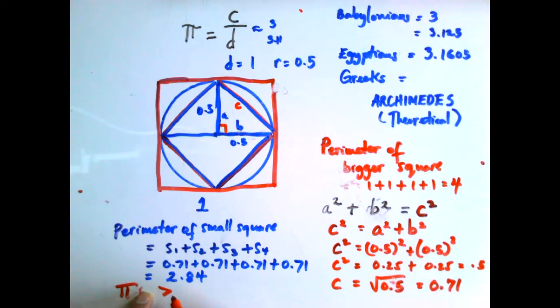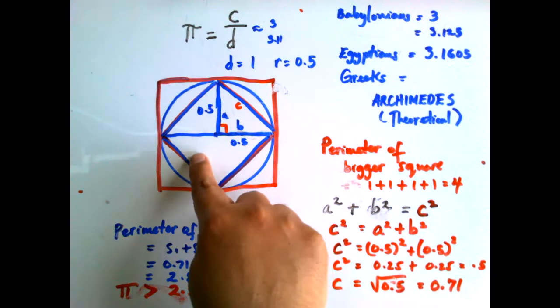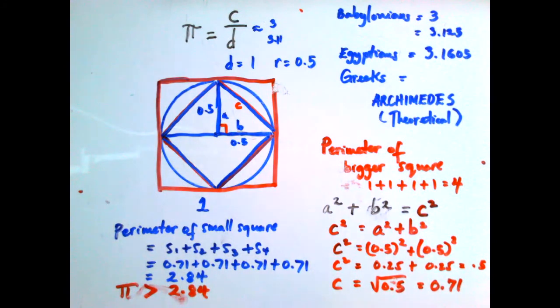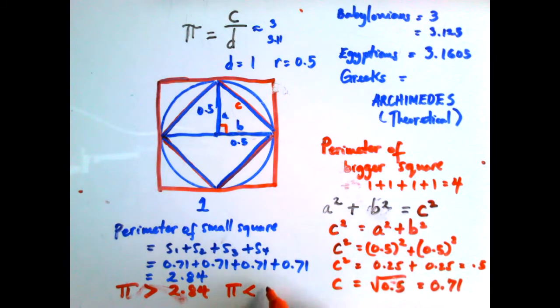Pi is, we shouldn't put an equal sign there. Pi is greater than 2.84, which is the perimeter of the smaller square, but pi is also lesser than the perimeter of the bigger square, which is 4. And so you have to think about this now, that these are the estimates.